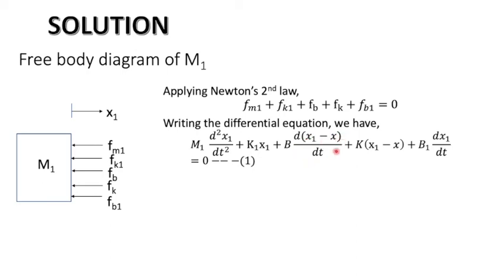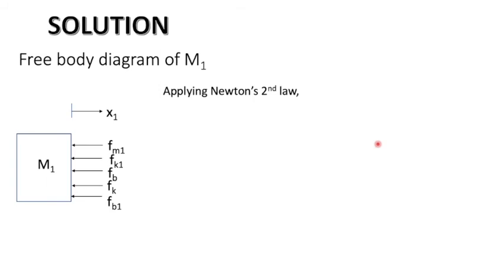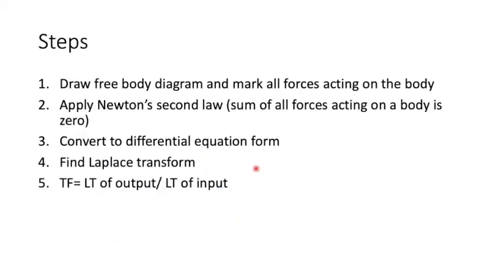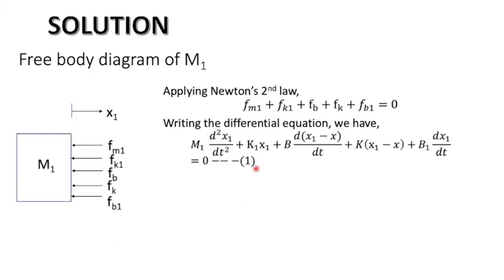It is the net displacement acted upon here. Similarly, for the spring K, which is connected between M1 and M2, the net displacement will be x1 minus x. For the dashpot, x1 minus x. So that is how we have x1 minus x here.